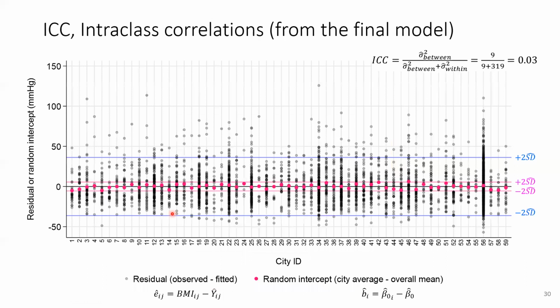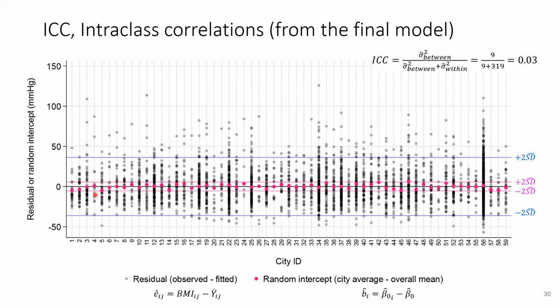And lastly, intraclass correlation. The black dot shows a residual, which is given by the observed value minus the fitted value. And the red dot shows the random intercept, which is the city average minus the overall average.